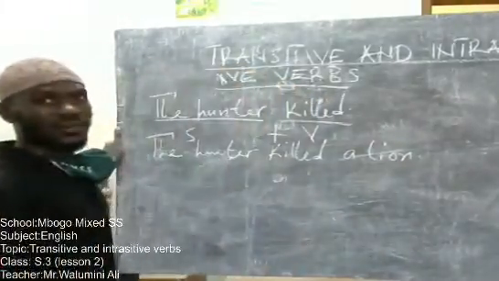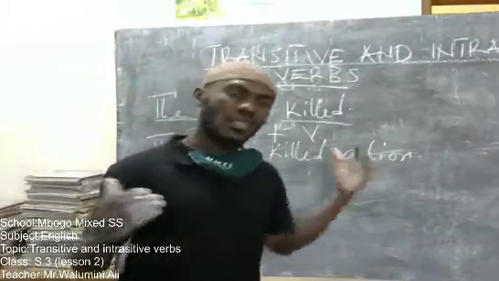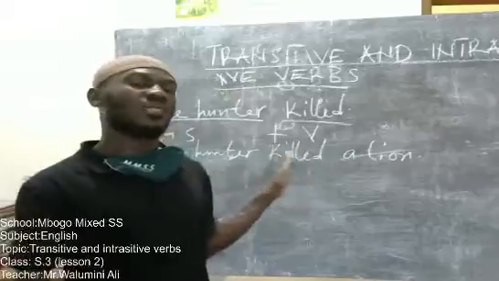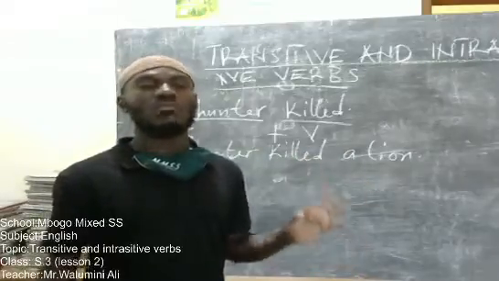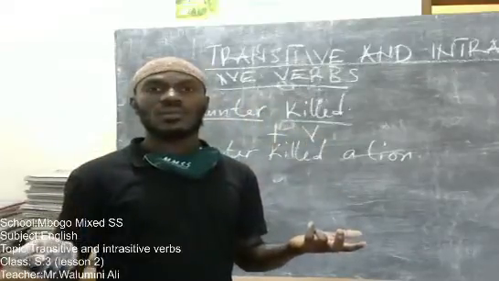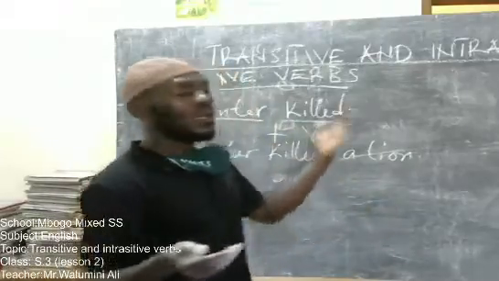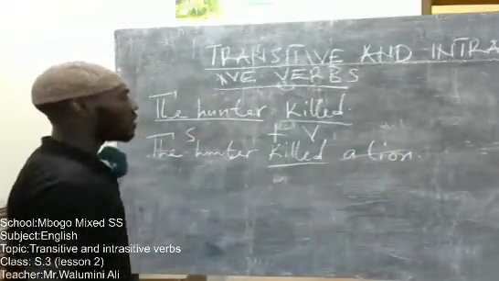I think that yes. Once you don't put an object after these transitive verbs, they will stay hanging and they will be questionable. They will need something after them to make a full sentence.